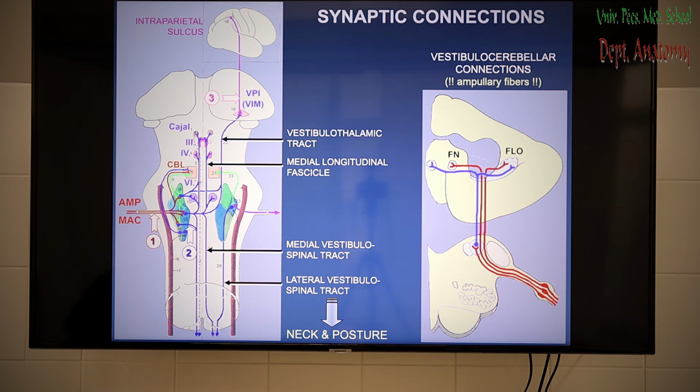Involvement of the cerebellum in vestibular function is to be mentioned, so how the cerebellum is informed about vestibular information.